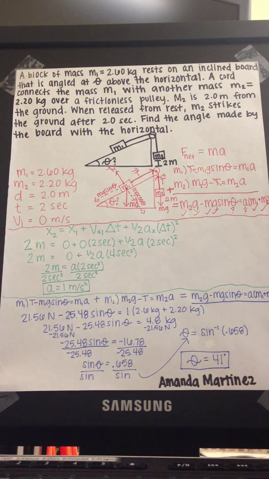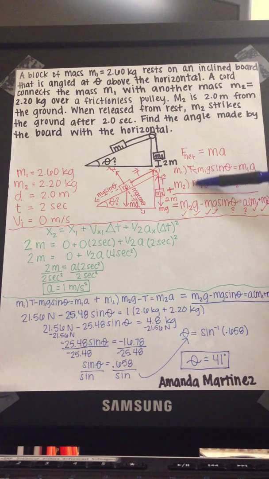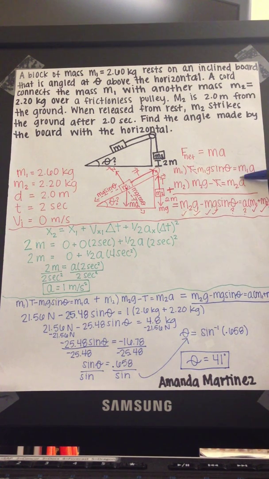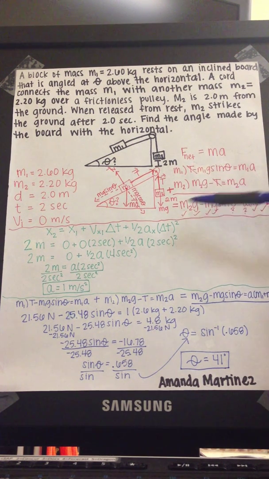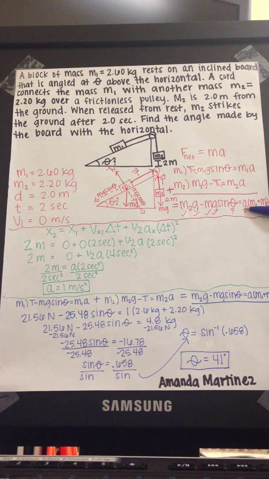Once you get these two equations, you see that you have two unknowns, these T's, and in order to get rid of them, you have to add them together. So I added these two equations together and canceled the T's out, which gives you m2g minus m1g sine theta equals a times m1 plus m2.